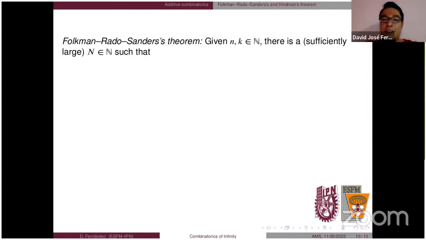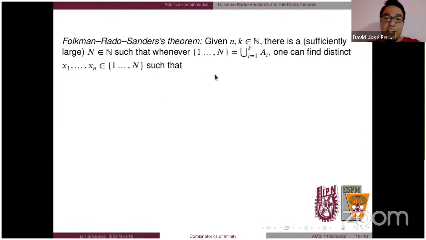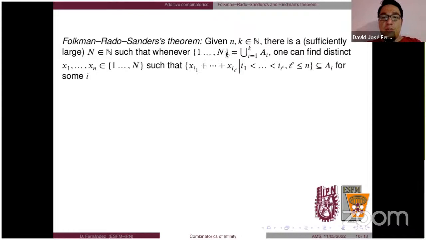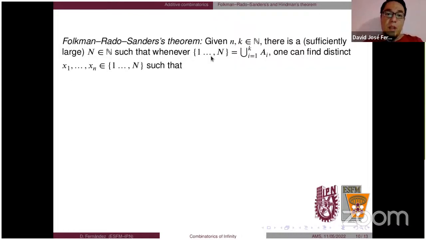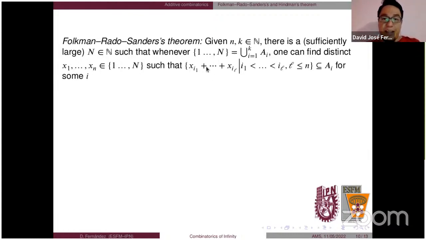And so this says given n and k, there's a sufficiently large N, very similar to Ramsey's theorem, such that if you partition the numbers from 1 to uppercase N in k pieces, you're going to find lowercase n many of them, such that all possible ways of adding them together fall in the same piece of the partition.